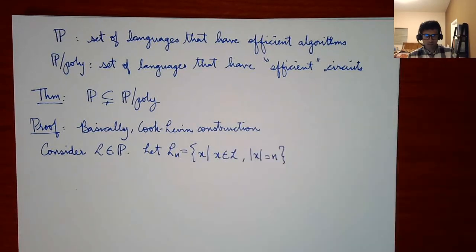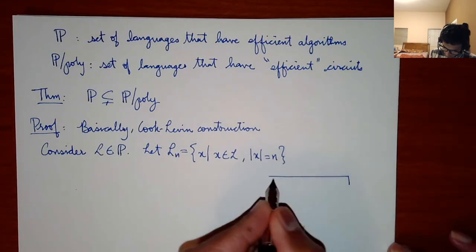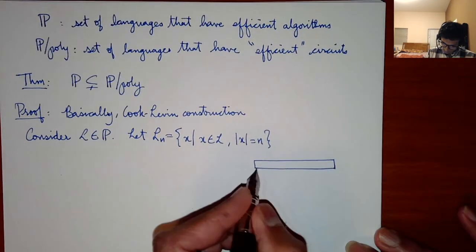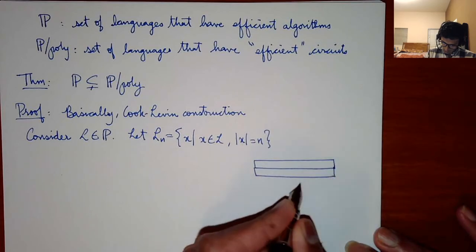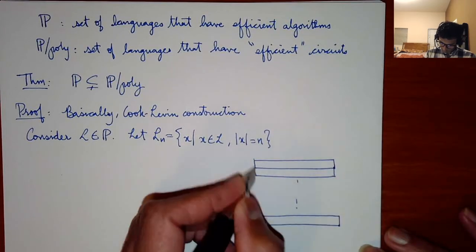These are the strings in L whose length is n. So I'll sort of draw a picture. So remember the Tableau method. And so one has the Tableau here.